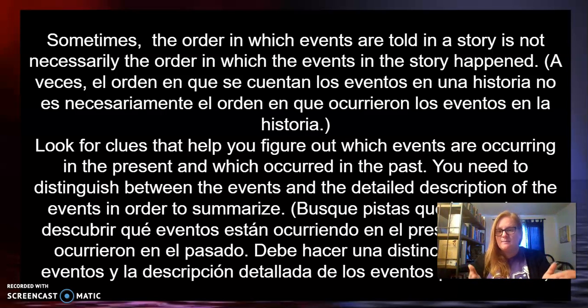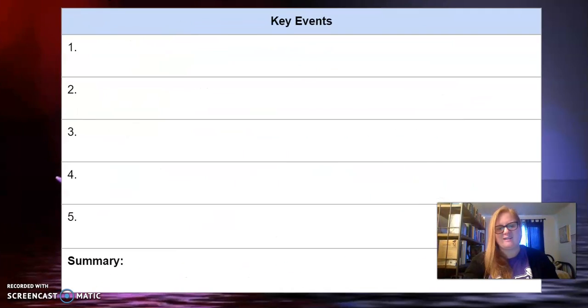Because when we do our somebody wanted but so then, it's hard if you're talking about what the character wants and then but what actually happened in the past. So keep the events in the order that they happened, not in the order that they tell you in the book. Now that I've made you incredibly confused, we will move on.